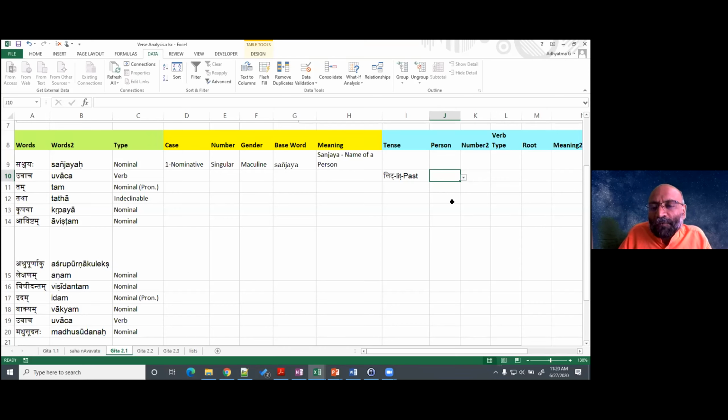So all we have to understand is that it's a past or future. If you want to be a little bit more grammatically oriented, you can know which kind of past tense. But as far as the meaning is concerned, that remains pretty much the same, irrespective of which past tense is being used.